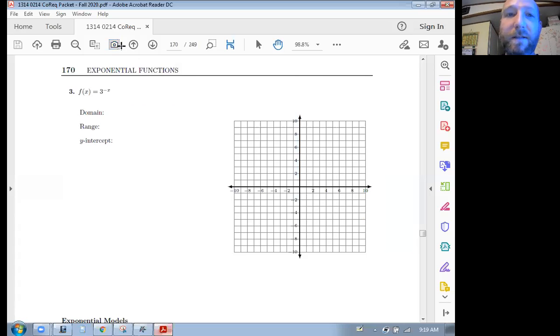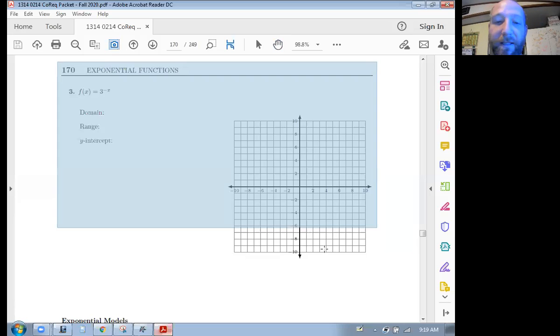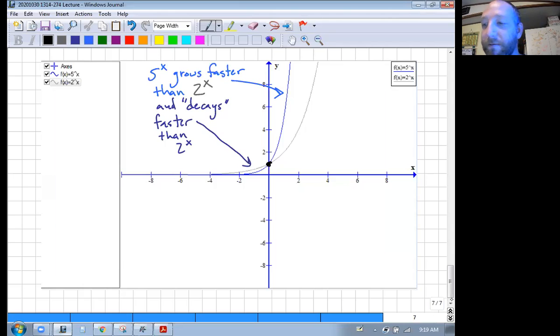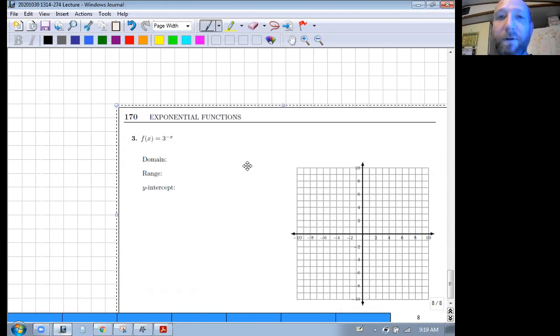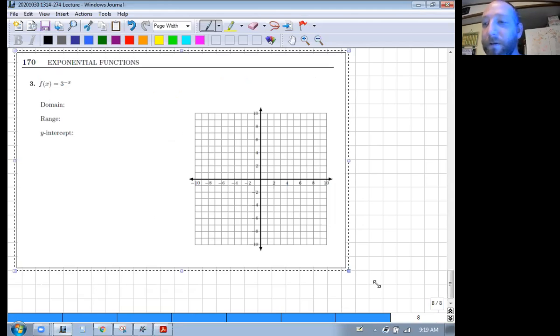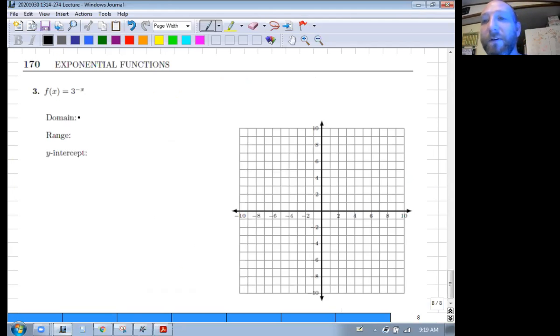All right, now let's look and see what happens when you make the x negative. All right, if you recall, making your x negative in a function flips the function over the y-axis. Because, I mean, 3 to the x is going to look like that. Well, it's going to go through here, and it's going to blow up, right? When you make the x negative, when we plugged in positive numbers, we went up, right?